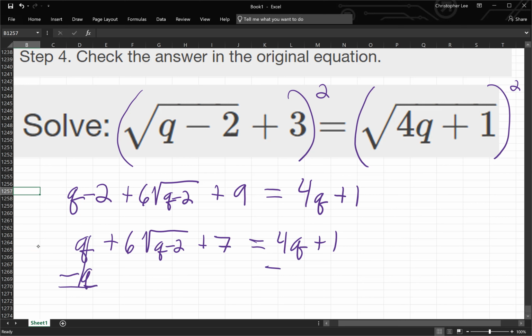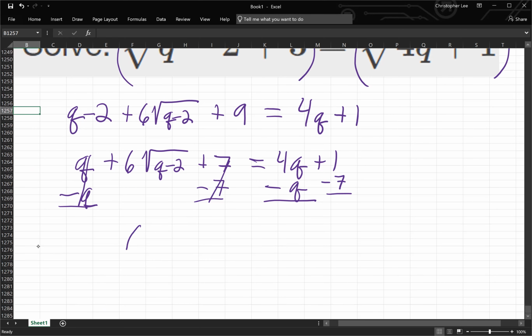What I do to one side, I gotta do to the other. I'm gonna subtract 7 from over here. What I do to one side, I gotta do to the other. So now what do I have? I have 6 square root Q minus 2 is equal to, what's this, 3Q minus 6, right? Very good. And then what do I want to do after that?